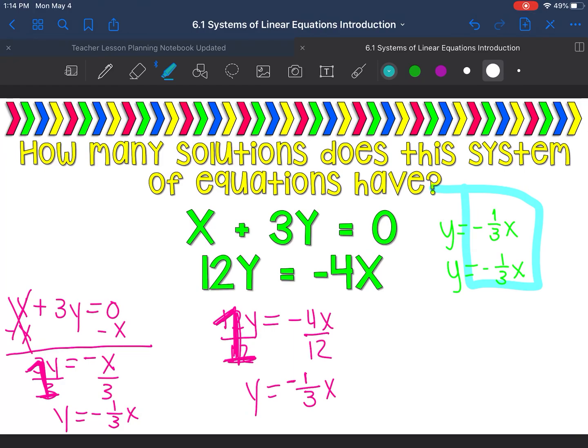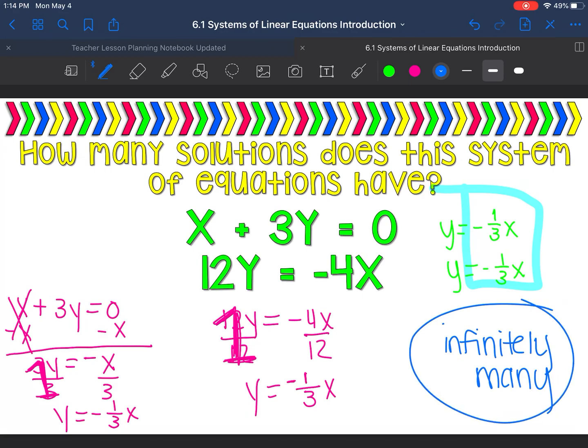Well, I don't have one. Since neither has one, that means I have the same. So that means that my final answer is infinitely many, because this right here, ladies and gentlemen, is the same line. So that means I'm going to have infinitely many solutions.